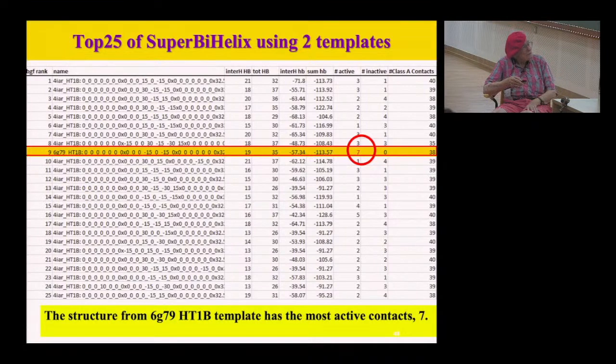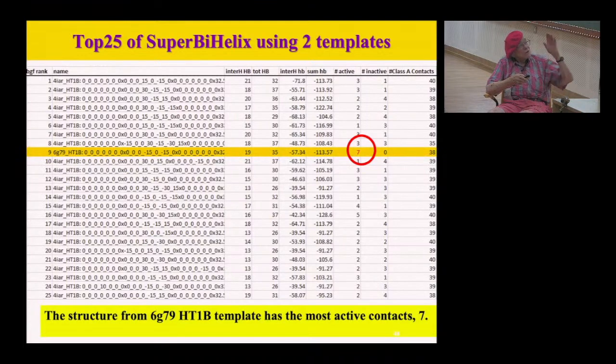I only circled 1. We did a second one also. We do the 13 trillion structures. For each of those 13 trillion, for those 2 templates, we take the best 1,000, we merge them together, take the best 25 structures, and so this is the best 25.